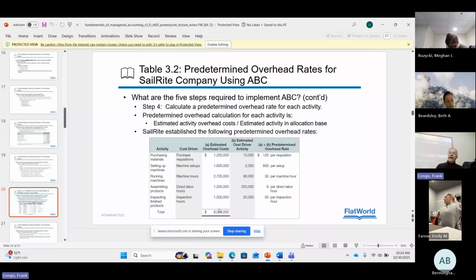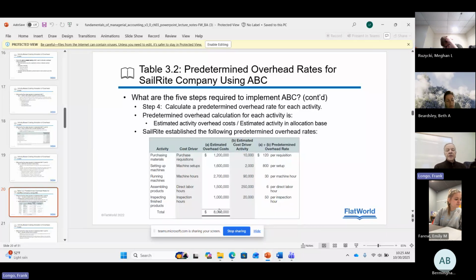We need to allocate that to each product. So the way we're going to do it, we're going to consider the cost driver. So you remember the cost driver. It's what drives the cost. It's what makes us incur the cost.